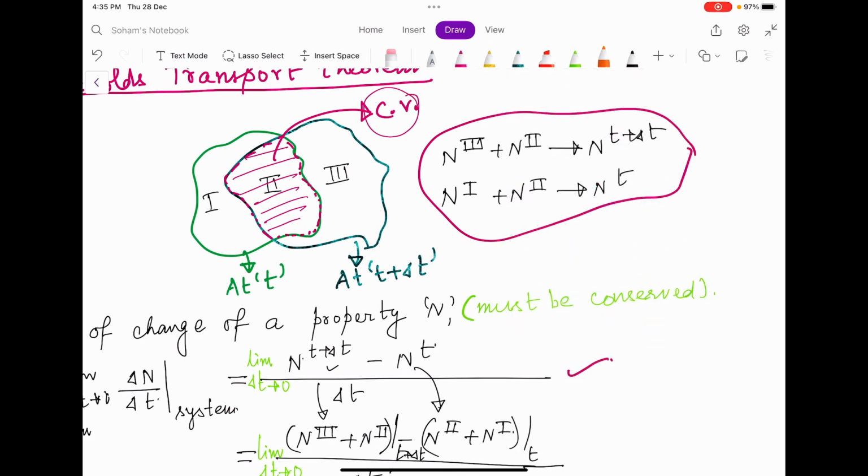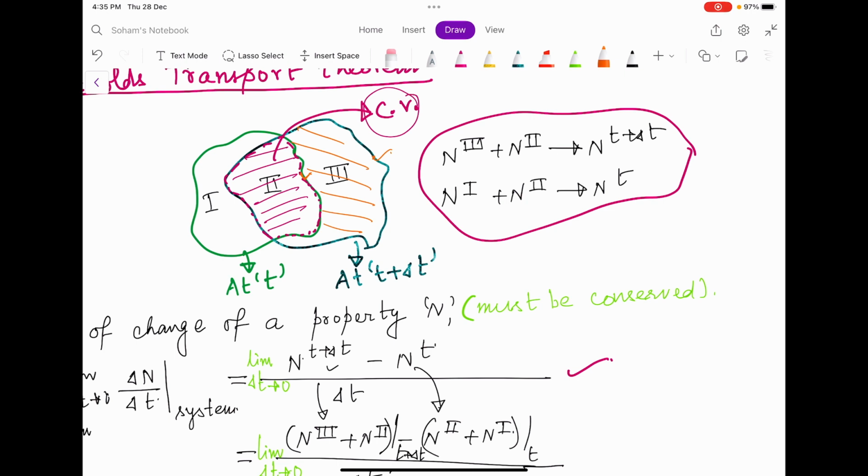So this is the rate of change of n at segment 3. And if you see, at the limit delta t tends to 0, this blue boundary is coinciding with this green one.